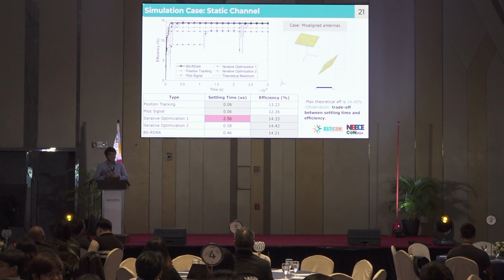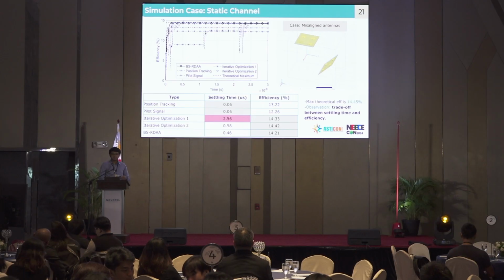First, we simulated the case where the channel is not moving, but the antennas are misaligned, and measured the settling time and the steady state efficiency of each of the different beamforming techniques. As I asserted earlier, the position tracking type and the pilot signal beam training type can settle very fast.